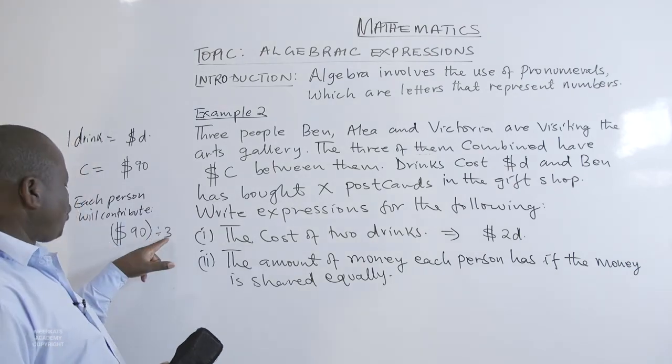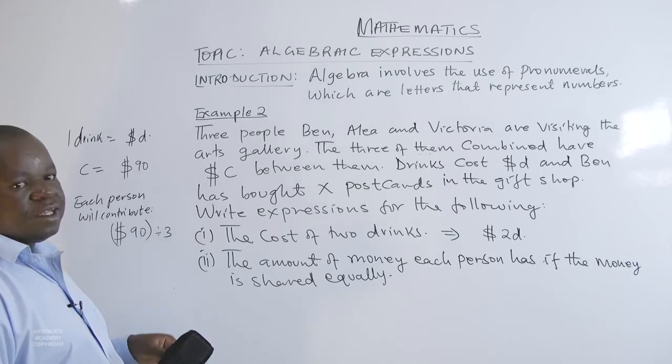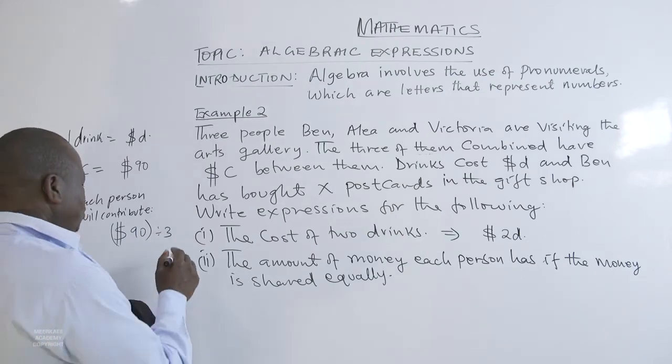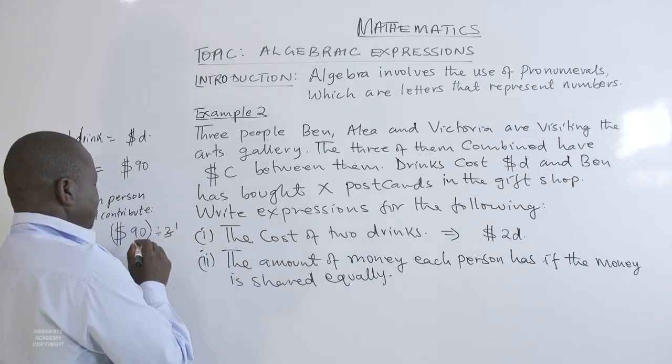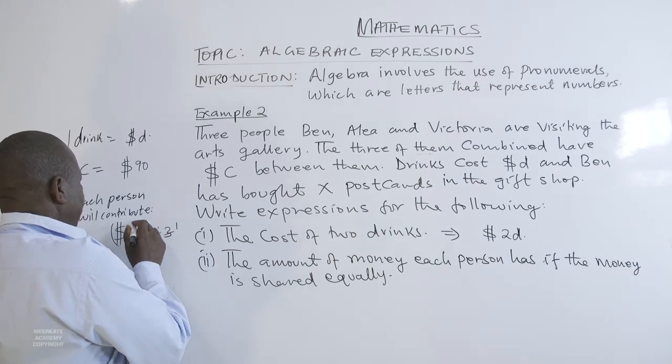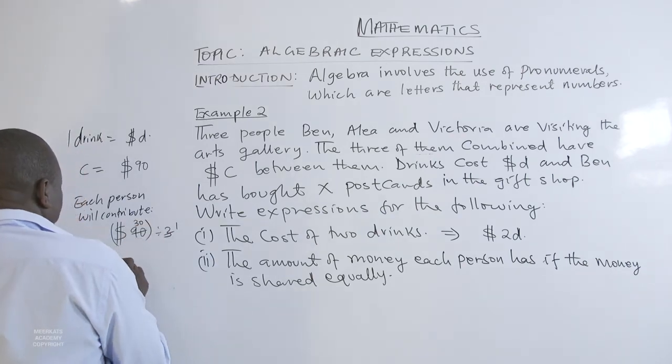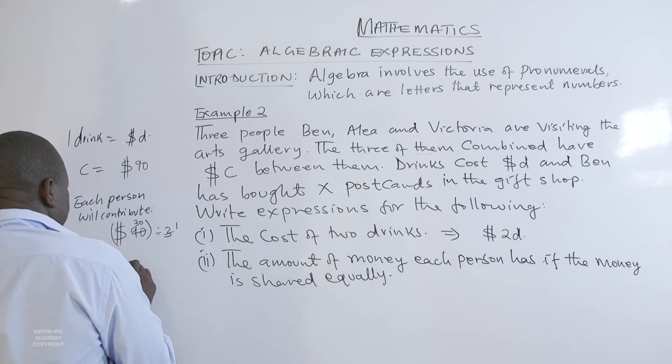And the highest common factor between 90 and 3 is 3. So 3 divides 3 once, and 3 divides 90, 30. So each person will contribute $30.